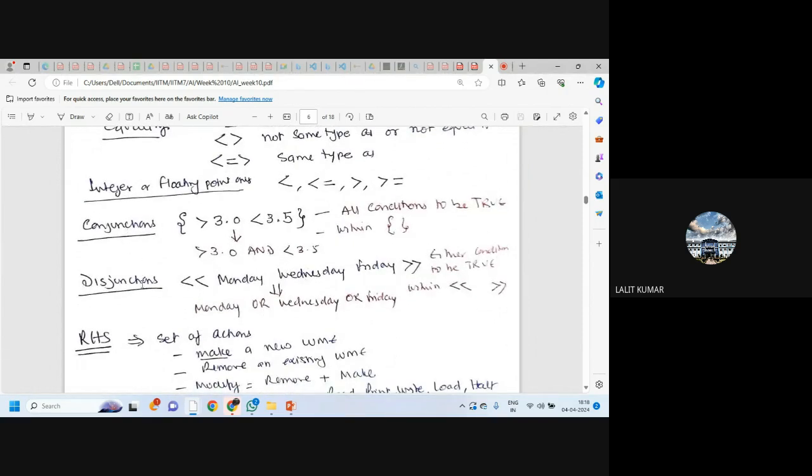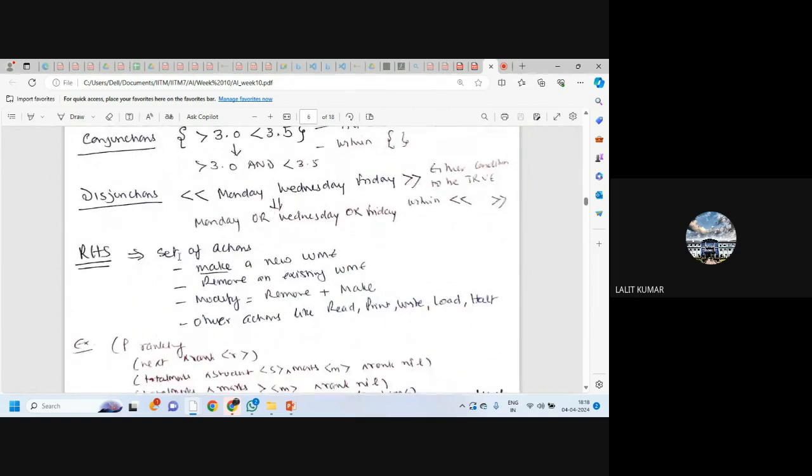This is important to remember, conjunctions and disjunctions. Conjunction means that all conditions inside have to be true, and conjunctions are always enclosed in curly brackets. So if we see this curly bracket, it means both conditions should be true, greater than 3 and less than 3.5. That is the meaning of this.